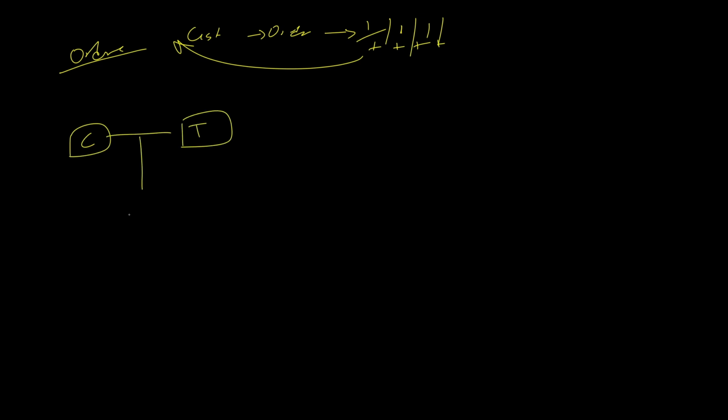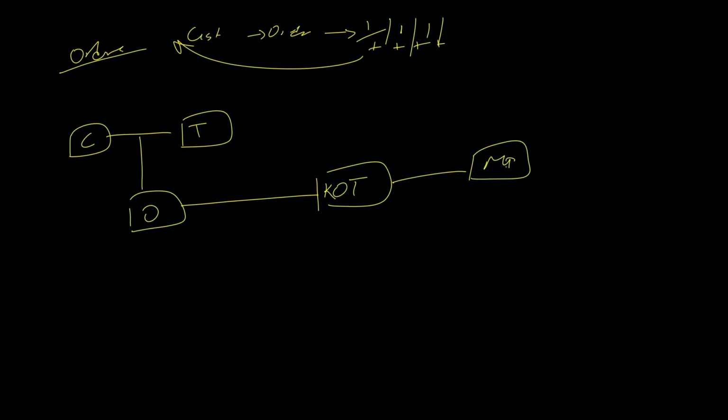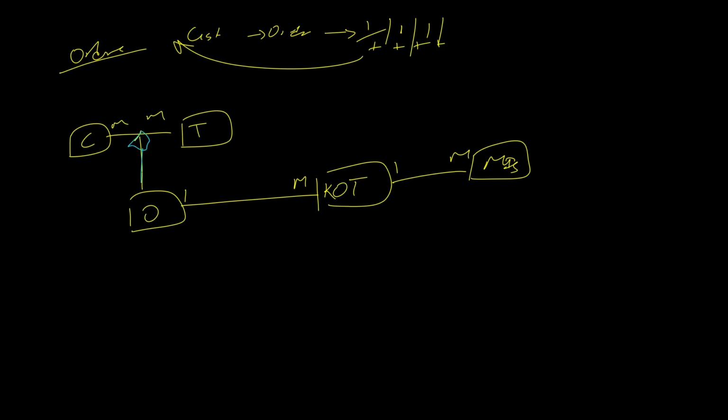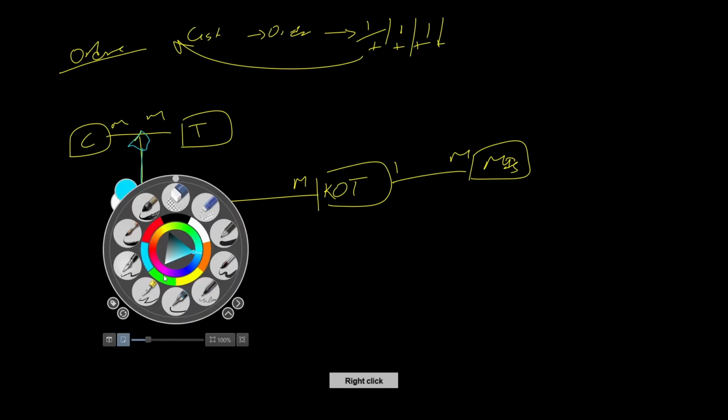Now this is a many to many relation, right? We have an order. Now order will go into a KOT, and KOT will have the menu items. This is a one to many relation. This is a many to many relation, and this is the resultant of that relation, the third table to manage those things, right?